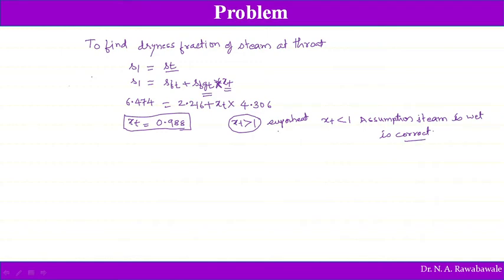Why is it correct? Because this dryness fraction which we have obtained is less than 1. So therefore this assumption is correct. If this dryness fraction is greater than 1, then we have to do some other exercise.